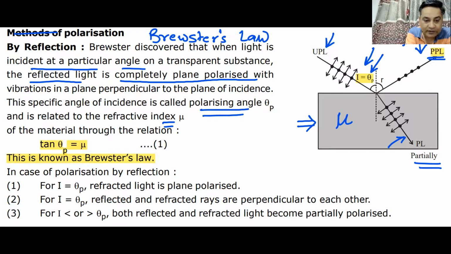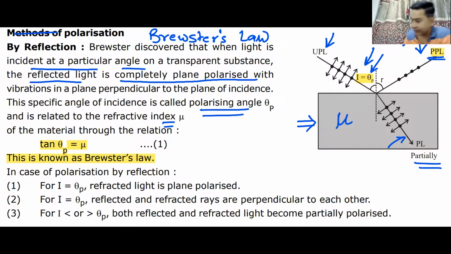I will give you a minute to note it down. Well, just to add, let me complete this entire thing so that you can note down everything together. When we have the angle of incidence as the polarizing angle, so when theta is equal to polarizing angle, it's written wrongly here.